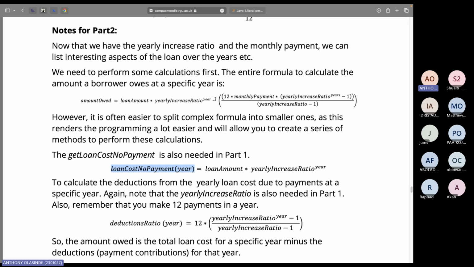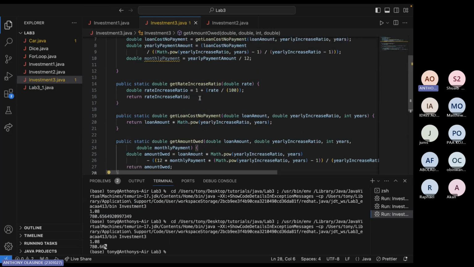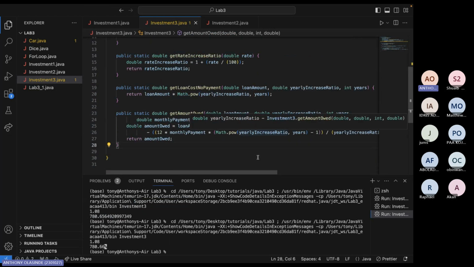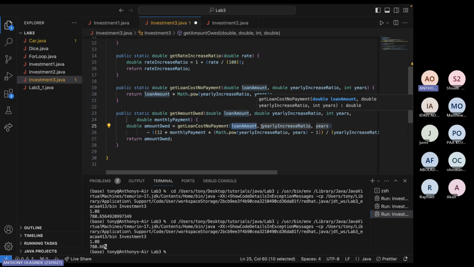Yeah, it's the same thing as this. So instead of writing all these things again, we could just say, okay, we actually have it here. So instead of doing this whole blah blah here, I could just say get loan cost no payment, then supply loan amount, supply yearly increase ratio, and supply GS.